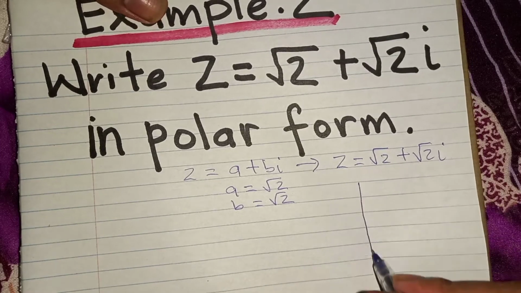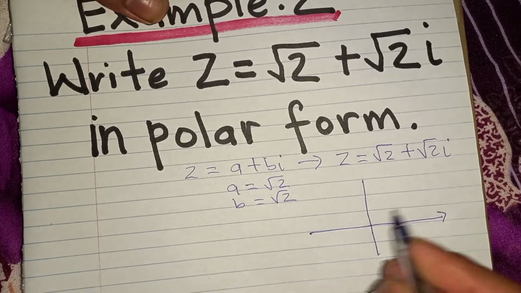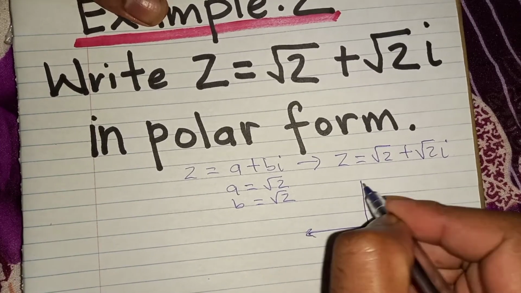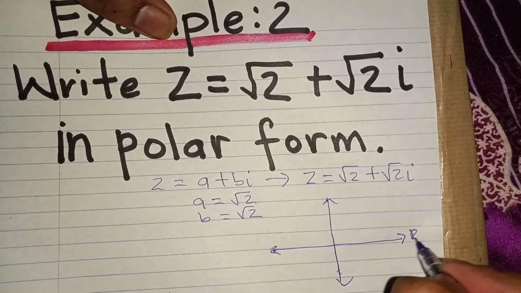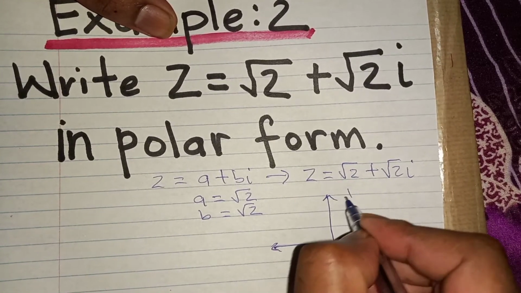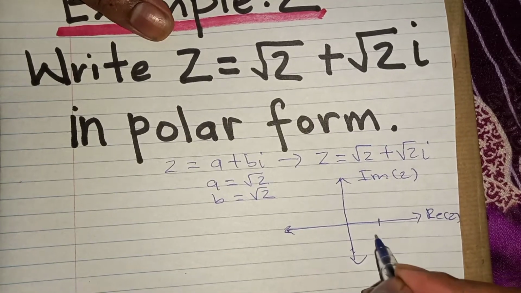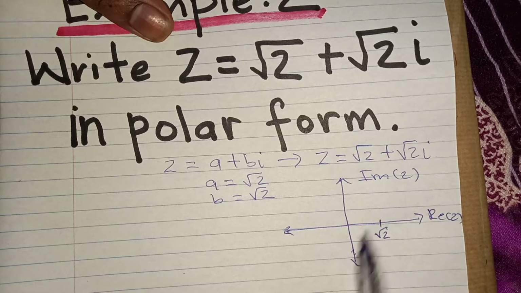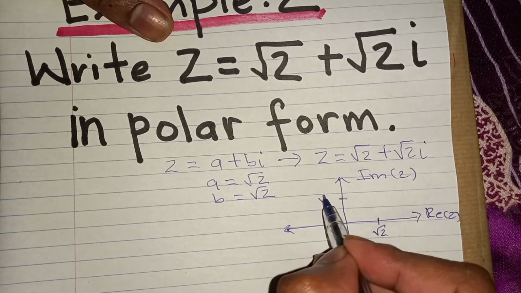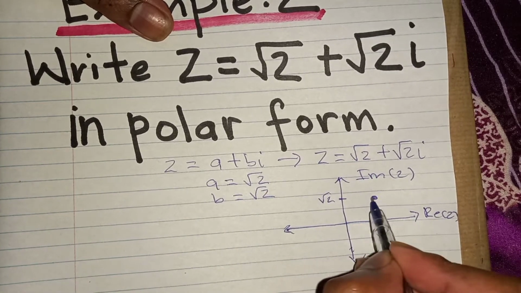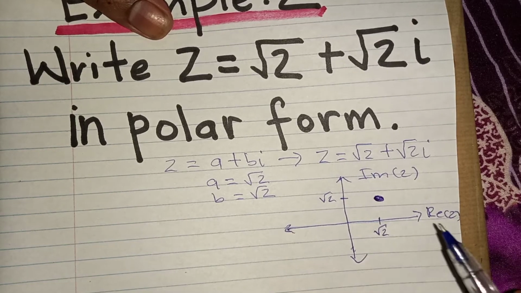Now if we draw this in a complex plane, this will be the real of z, this will be the imaginary of z, and root 2 is here and root 2 is here. So our z falls somewhere here.